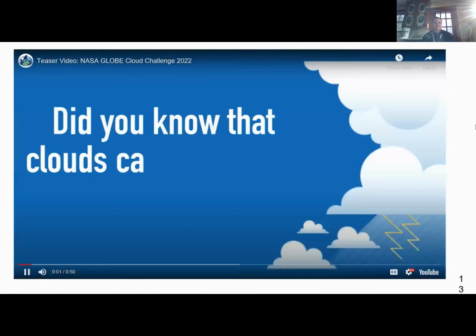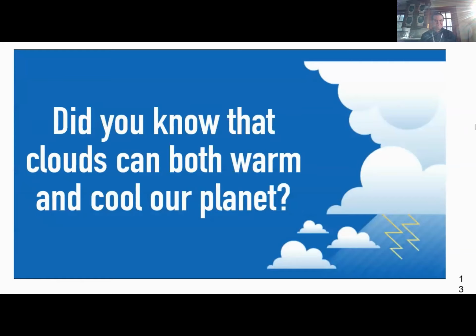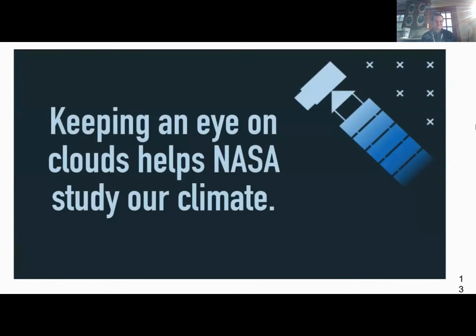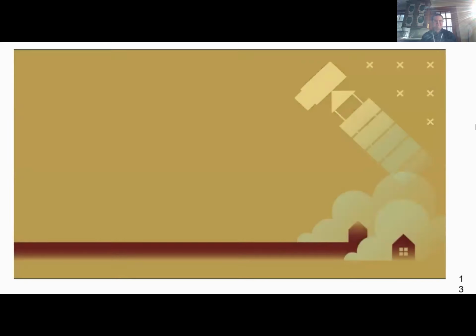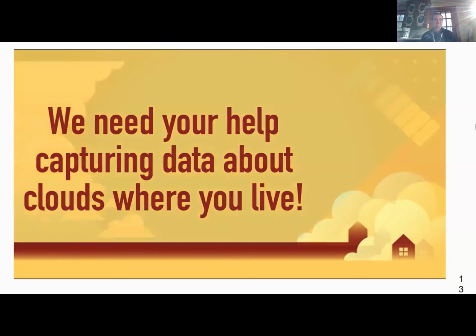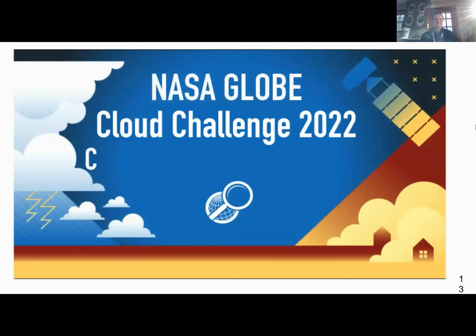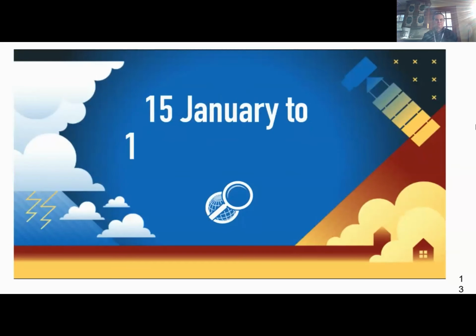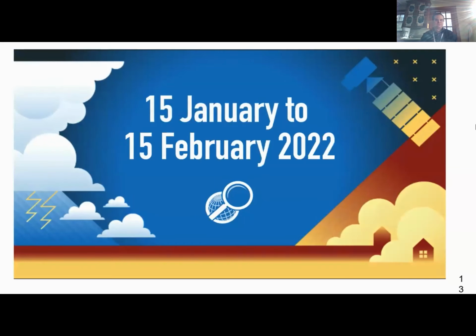Did you know that clouds can both warm and cool our planet? Keeping an eye on clouds helps NASA study our climate. We need your help capturing data about clouds where you live. NASA Globe Cloud Challenge 2022, Clouds in a Changing Climate. January 15th to February 15th, 2022.